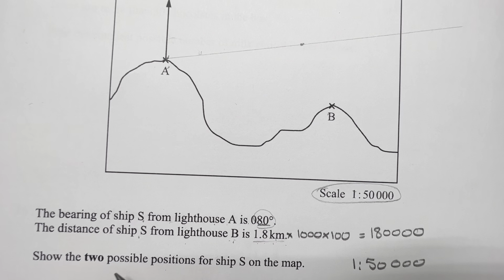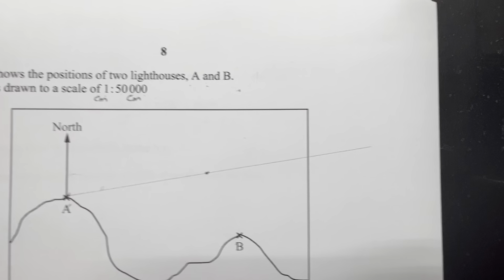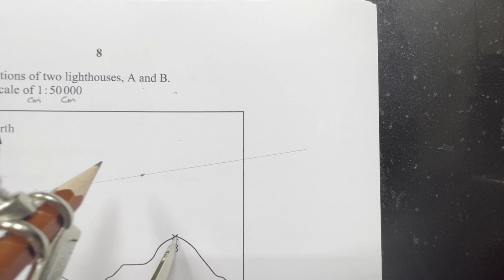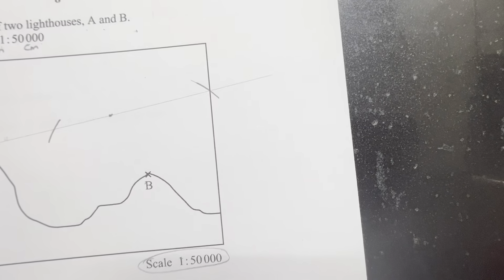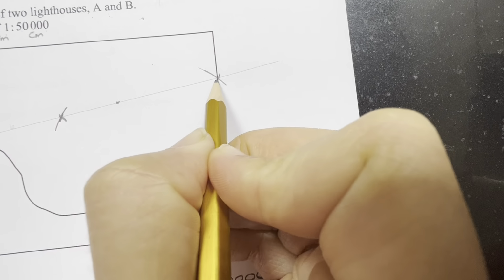Okay, then here, this is the opening. Here, it shows the two possible positions. So I'm going to stand on B, and there are two answers here. One arc from here and one arc from the other side here. Then this is the first position and this is the second position.